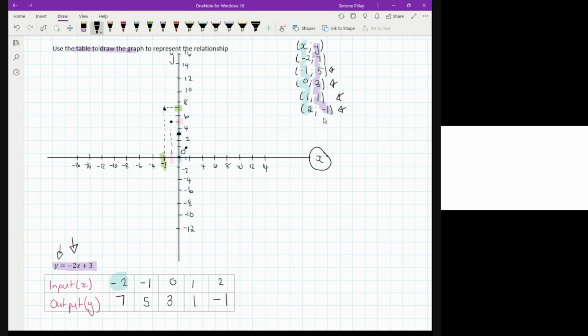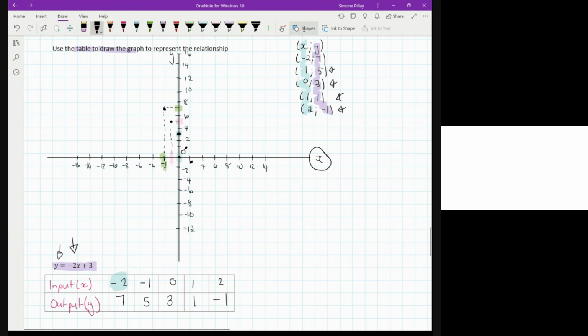And then for my last point, I'm looking for positive 2 on my x-axis, which is going to be this first marking that I've made over here, positive 2, and then negative 1 on my y. And so that's why I erased it, because negative 1 is going to be right in the middle, and that is going to give me a point somewhere around here.